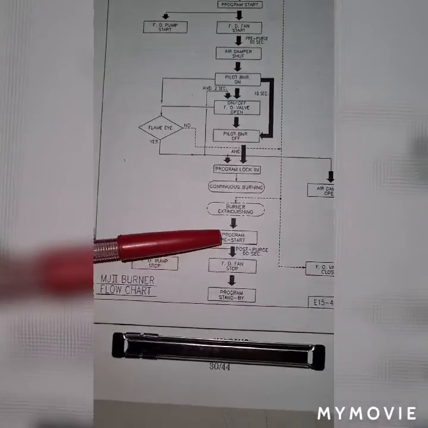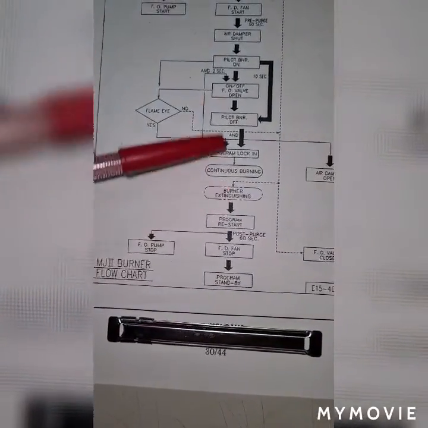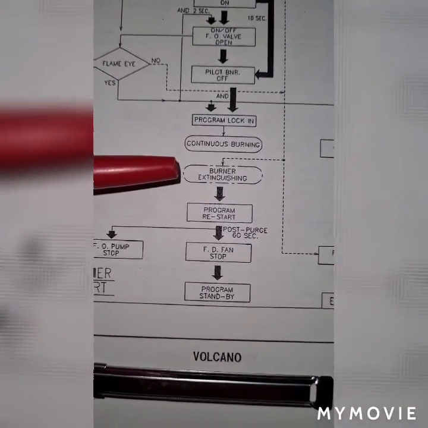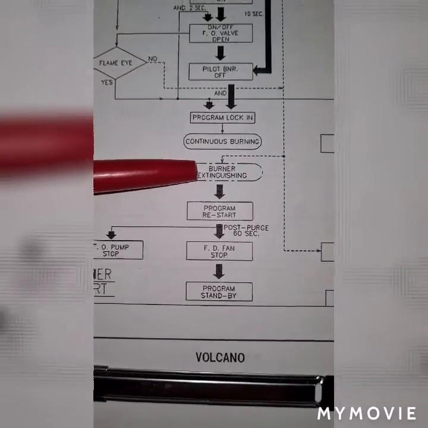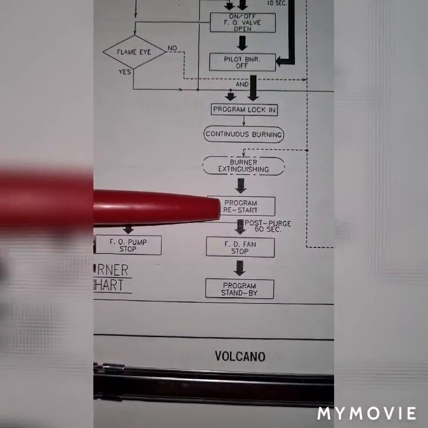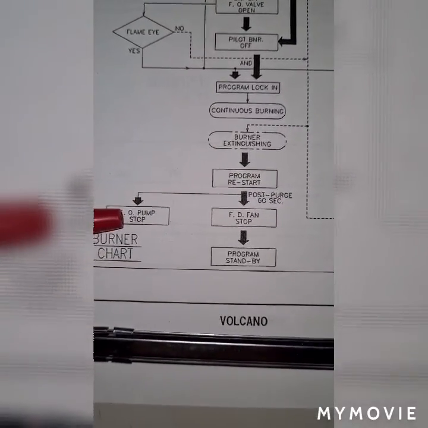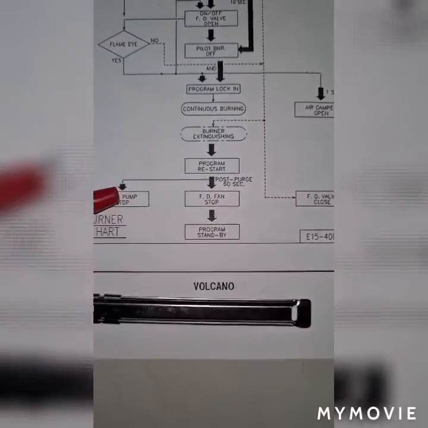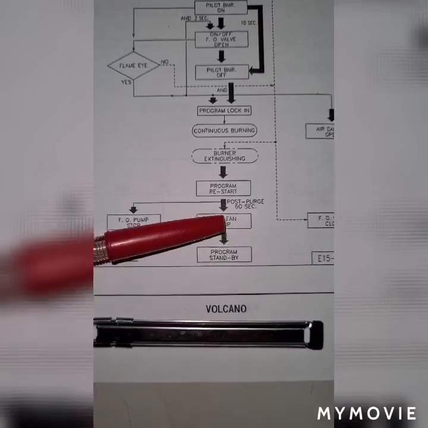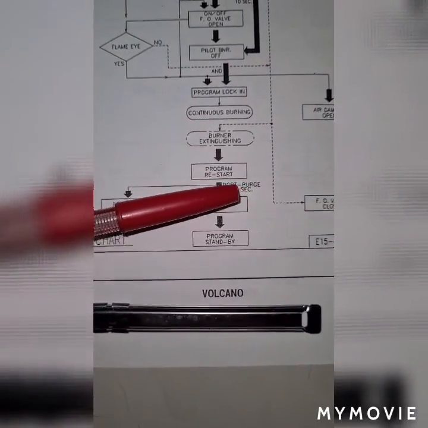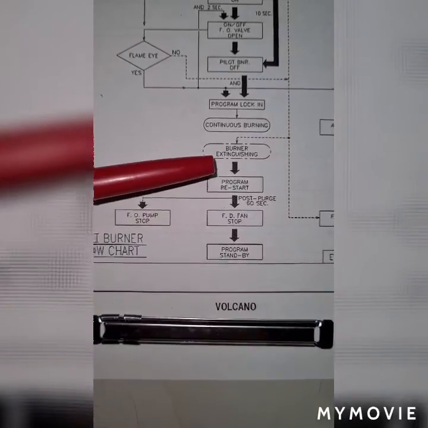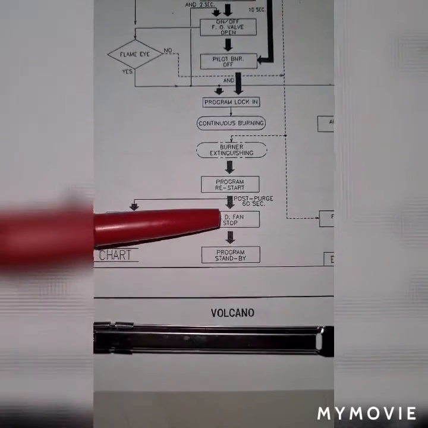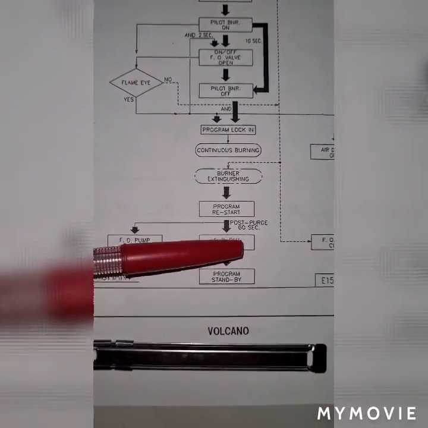The third section is the purging and cooling process. When the boiler is stopped or extinguished, it requires a purging process wherein the fuel oil pump and the fuel oil valve are de-energized, stopped and closed, and post purging continues by operating the forced draft fan.